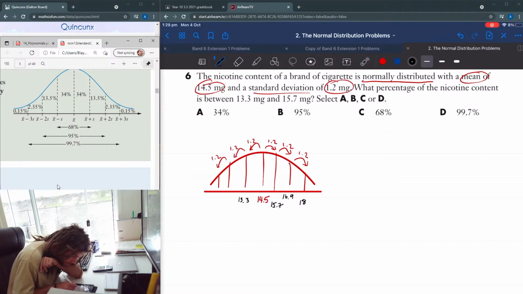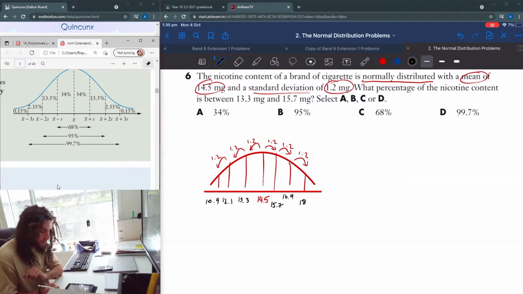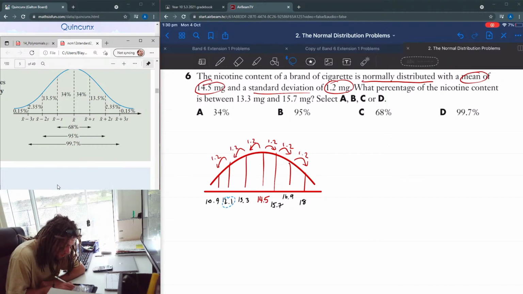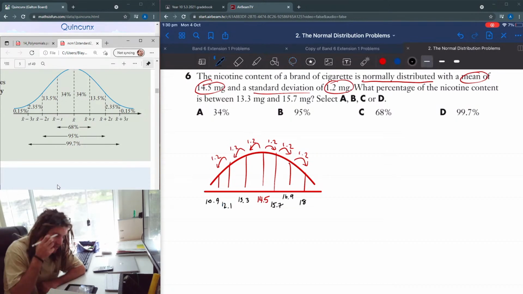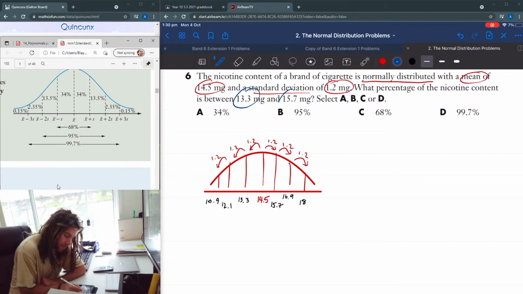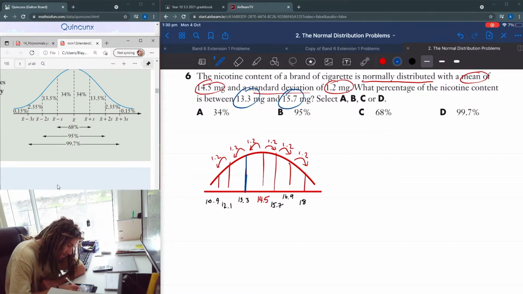And then 12.1, 10.9. All right, so the key ones are 13.3 and 15.7. So 13.3 is there, 15.7 is there.